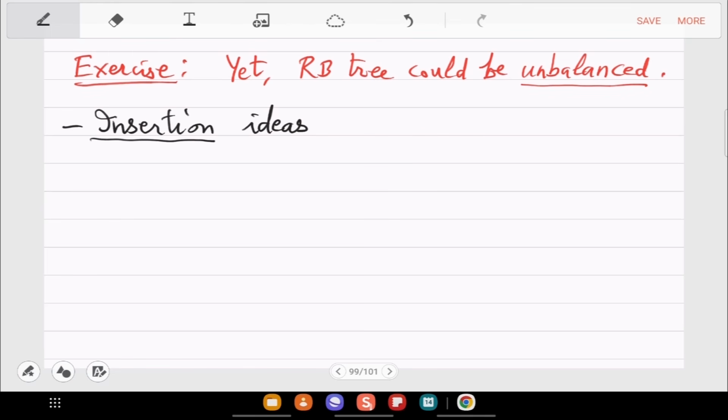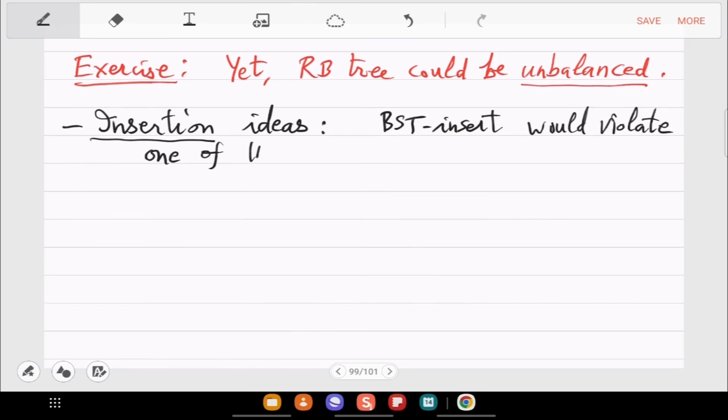And if you color it inappropriately, then one of the axioms will be violated and you have to now do some transformations. So BST insert would violate one of the red-black axioms.